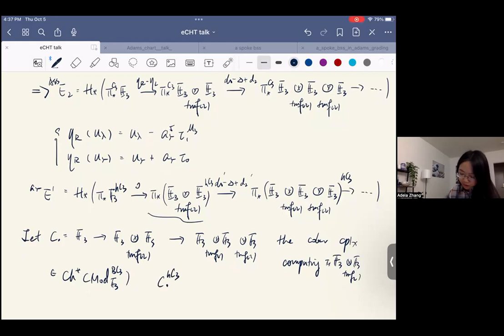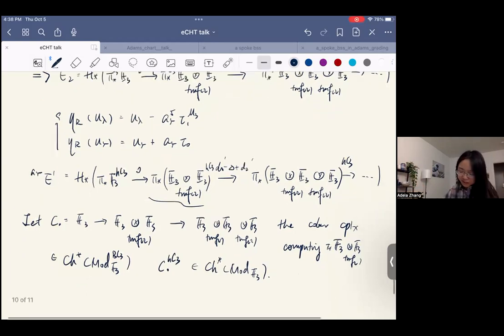And what we get now is an object, it's no longer a discrete thing, it's a coherent cochain complex in F3 modules. Coherent cochain complex means that I have a cochain complex, but they're connected by null homotopies, and there are coherence conditions among these null homotopies that record the higher differentials.